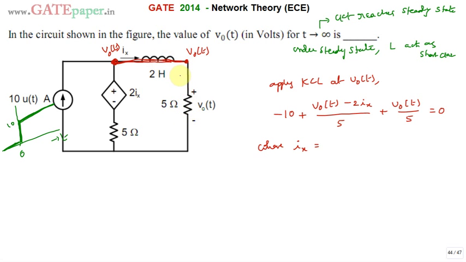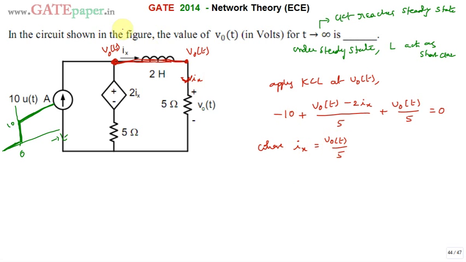So we can write Ix is equal to V0 divided by 5. The current flowing through the resistor is the same as the current flowing through the inductor, Ix. So Ix is the voltage across the resistor divided by the resistor value, that is, V0 of t divided by 5.